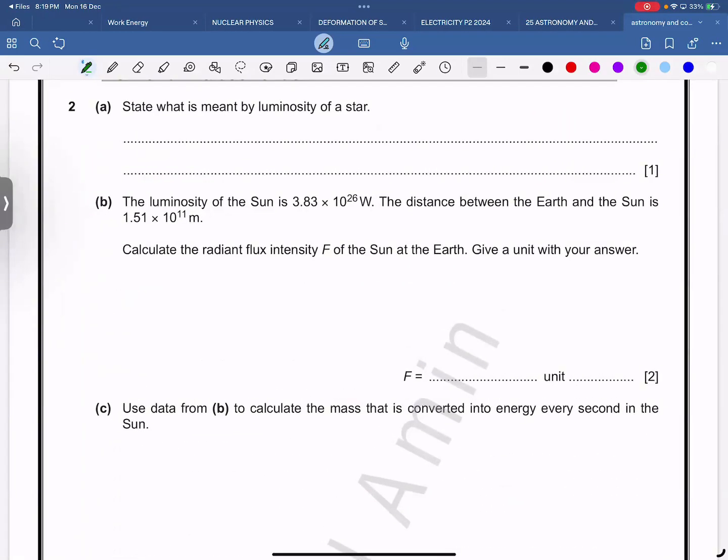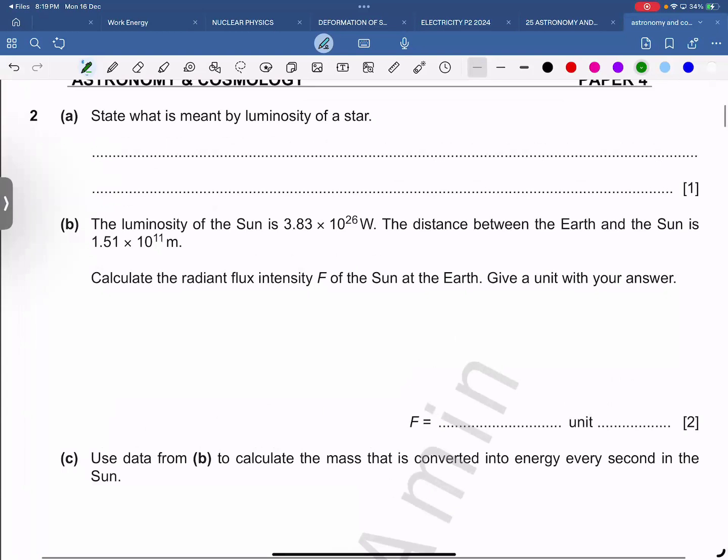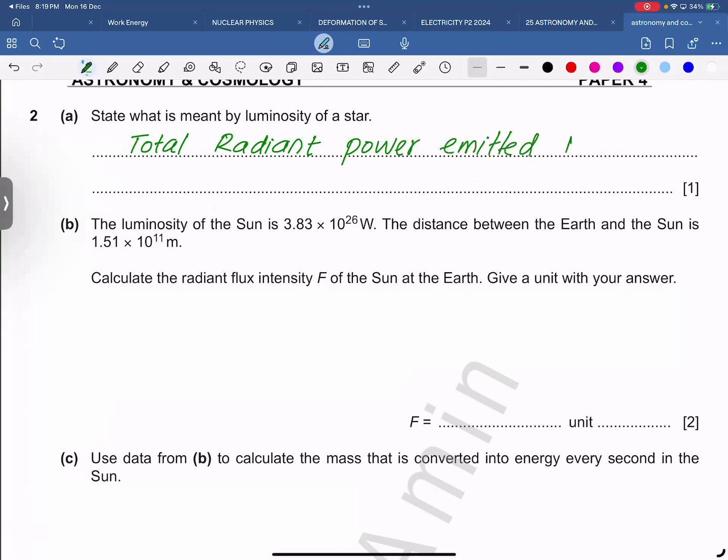What is meant by luminosity of a star, my dear students? Luminosity of a star is the total radiant power emitted by a star. Total radiant power emitted by a star is called radiant luminosity, while radiant flux intensity is per unit area observed on Earth.